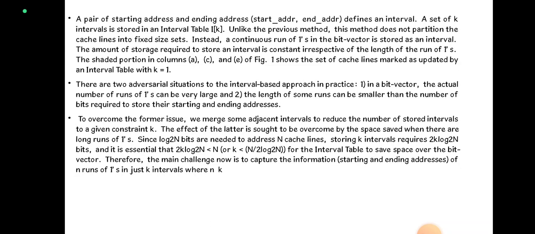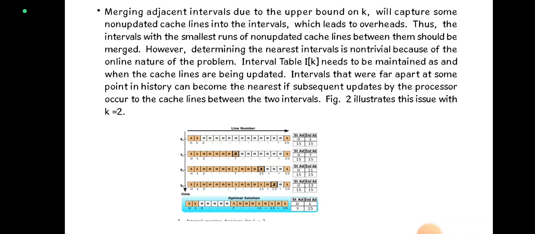Therefore, the main challenge now is to capture the information of n runs. Merging adjacent intervals due to the upper bound on k will capture some non-updated cache lines into the intervals, which leads to overheads. Thus, the intervals with small runs of non-updated cache lines between them should be merged.